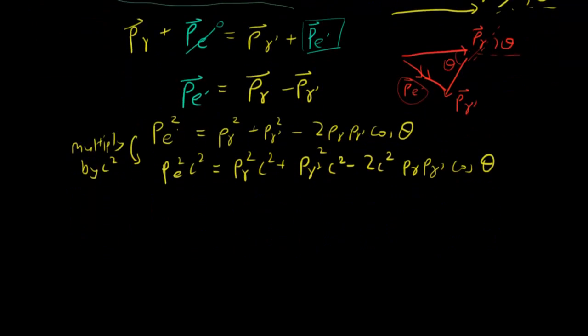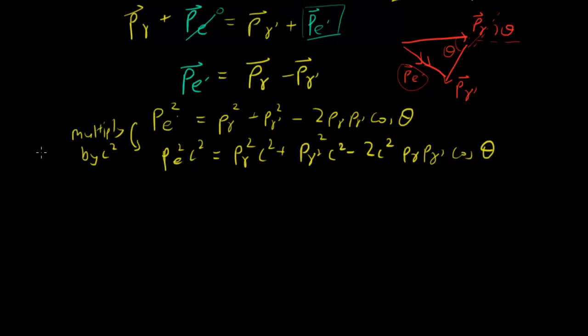So what can we get from this? According to the momentum of a photon that I talked about in a previous video, the momentum of a photon equals hf over c. So knowing this, we can sub this in for the photon.